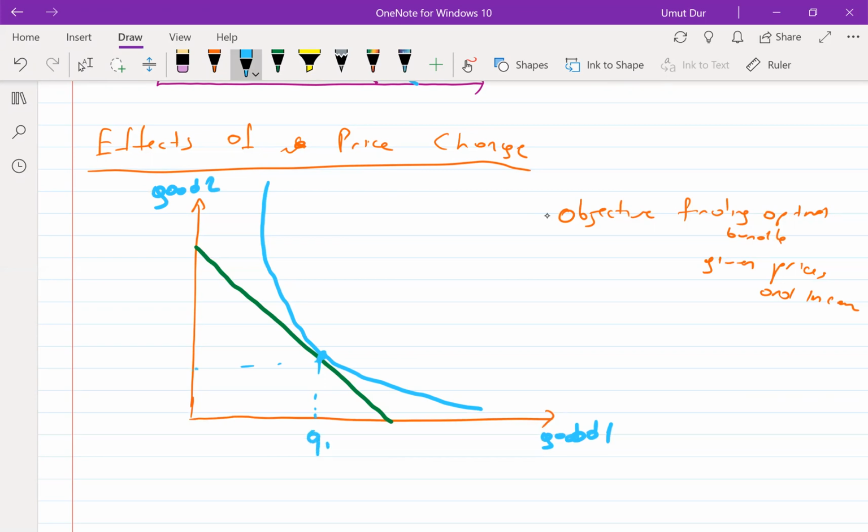This is Q1, this is Q2. In order to mention that they are optimal, I'm using Q1 star and Q2 star. Suppose that the price of good 1 decreases.